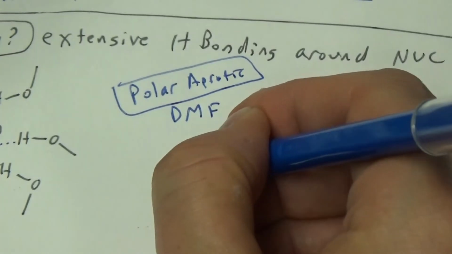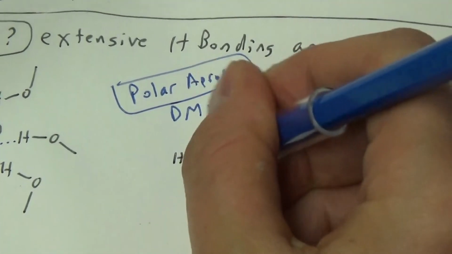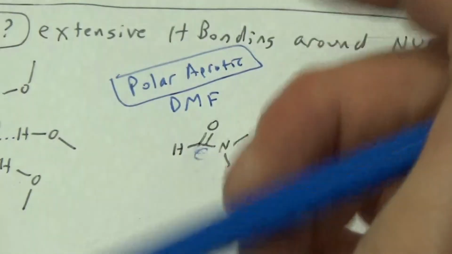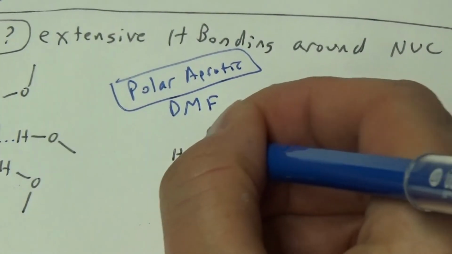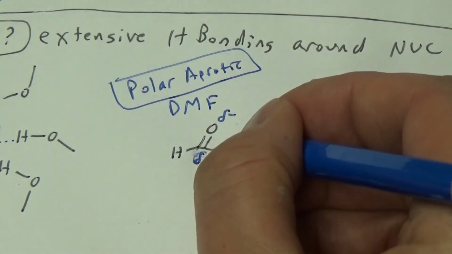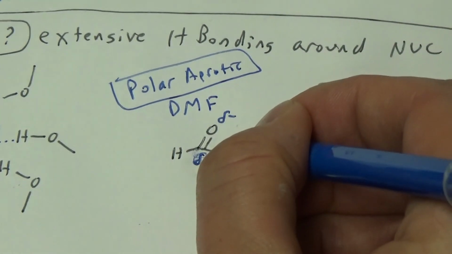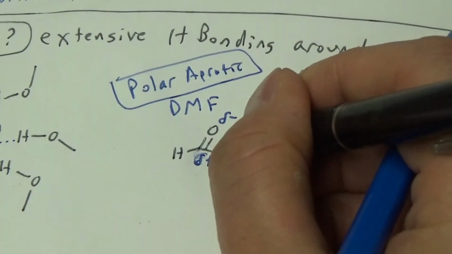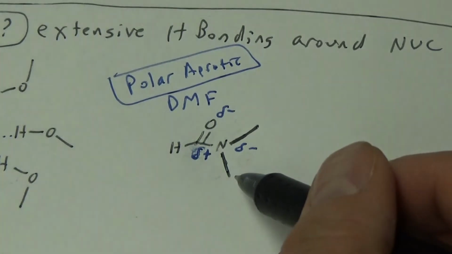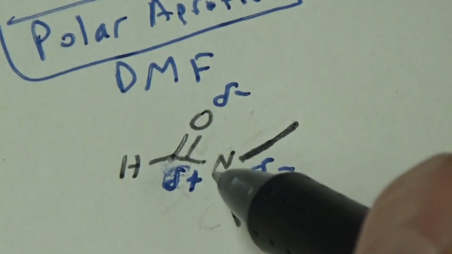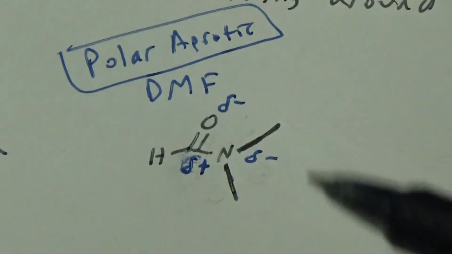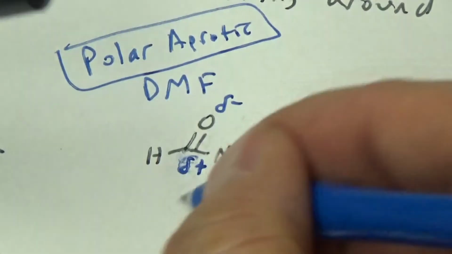There's a little bit of a partial delta positive on the carbon, and then you have delta negative on the oxygen and delta negative on the nitrogen. Very little, right? But also, in the DMF structure, the big CH3 groups kind of prevent any interaction with that carbon.